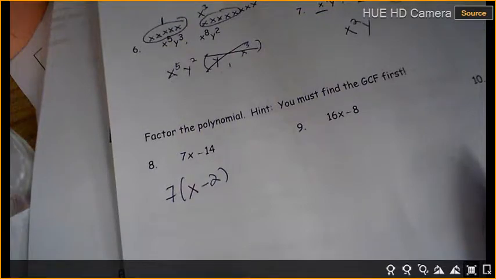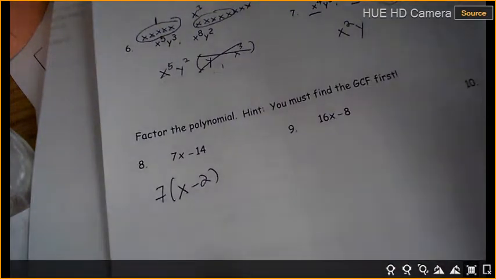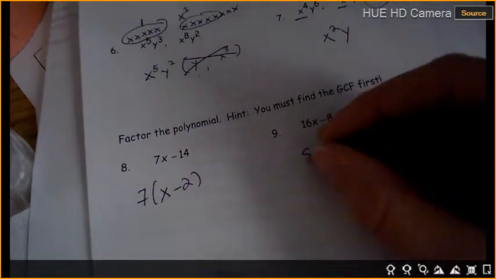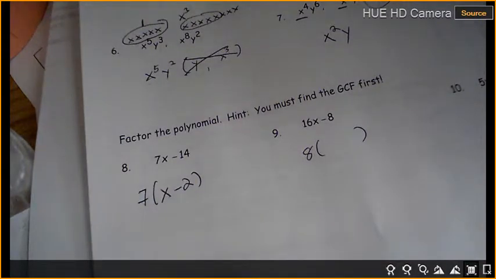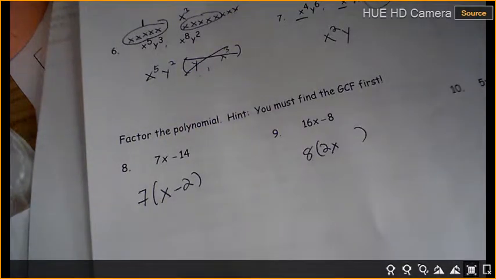Okay. Number 9. What goes both into 16x and negative 8? What can I take out of both of them? 8. So 8 times what gives me 16x? What's 8 times what gives me 16? 2. And it has an x, so I have to make sure I have an x there. Right?